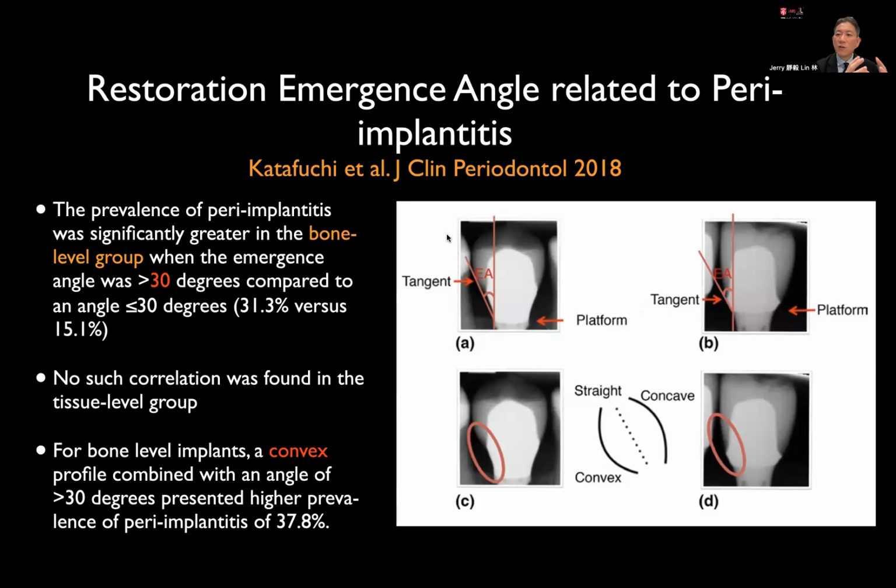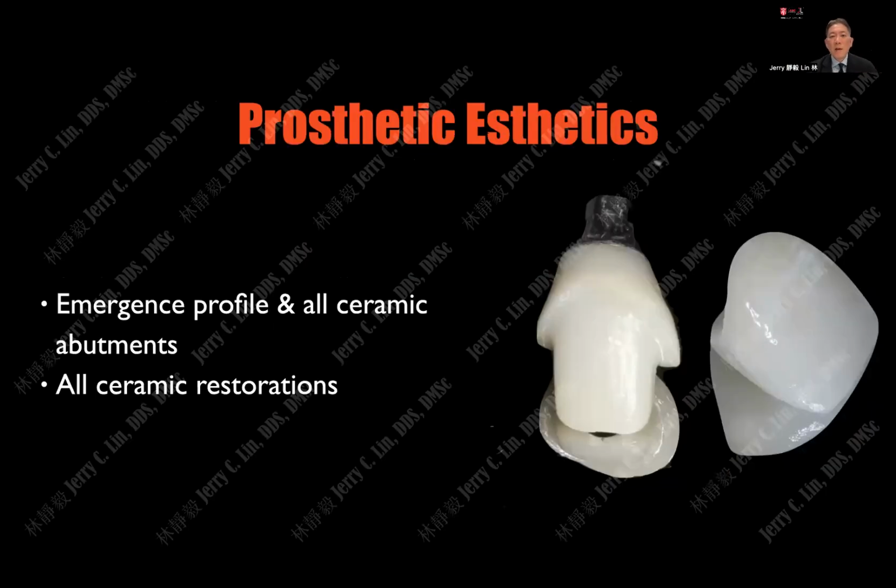And that soft tissue would keep the bone stable. And the last step would be prosthetic aesthetics, where we need a very top-notch lab technician for fabricating good porcelain work.